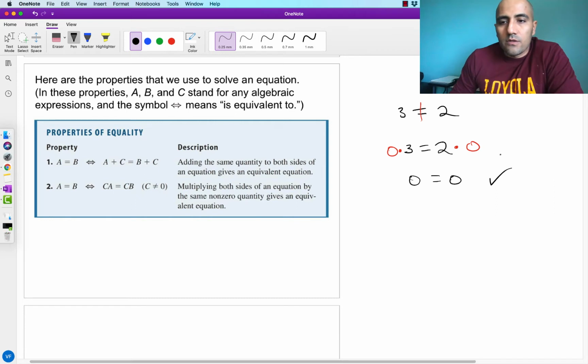And that is true. So we start off with something that's false, and then we introduce this product of 0 on both sides of the equal sign, and we end up with something that's true. So in that sense, we have to be careful not to do that. That's why we can't multiply both sides of the equal sign by 0. We have to be careful.